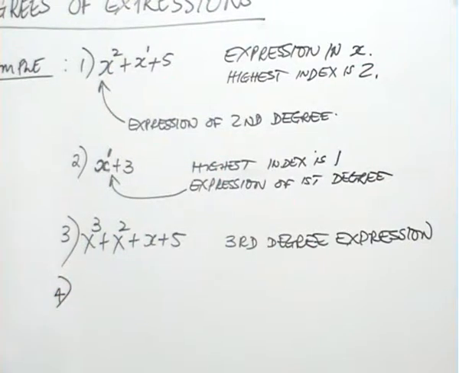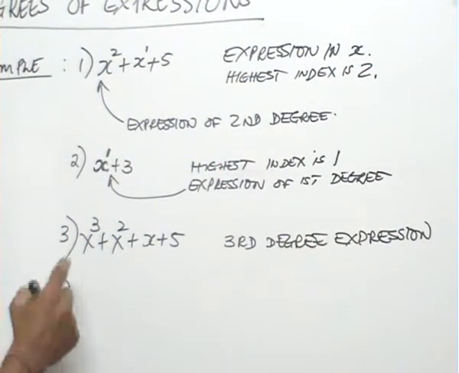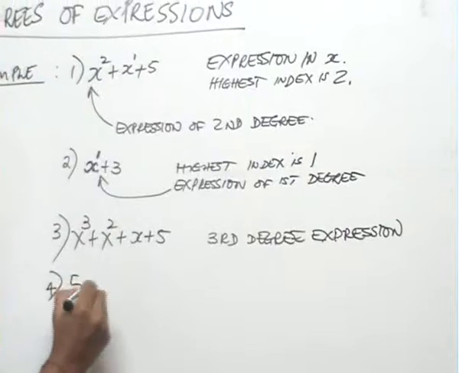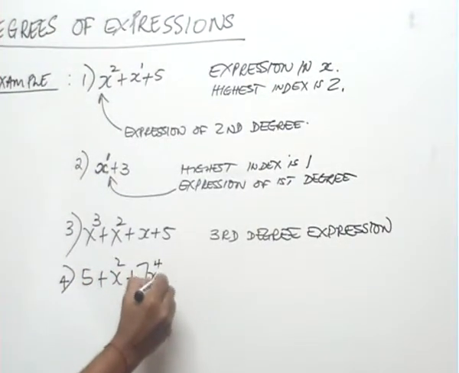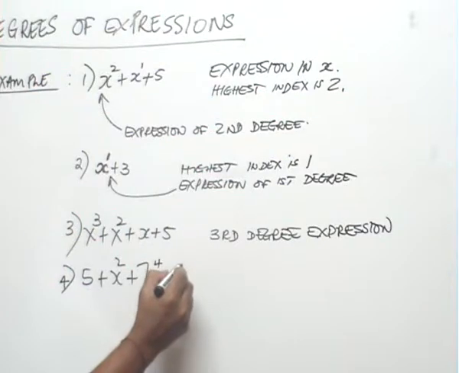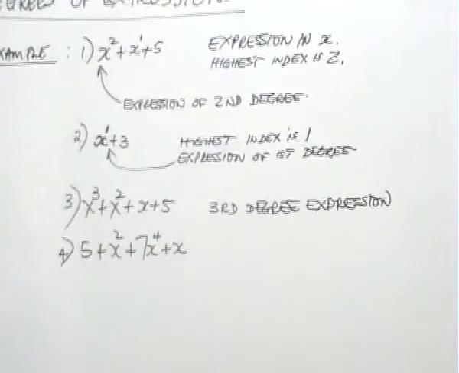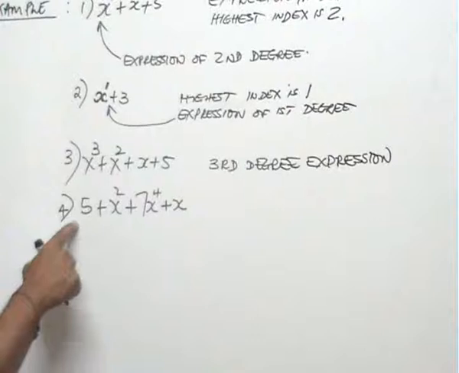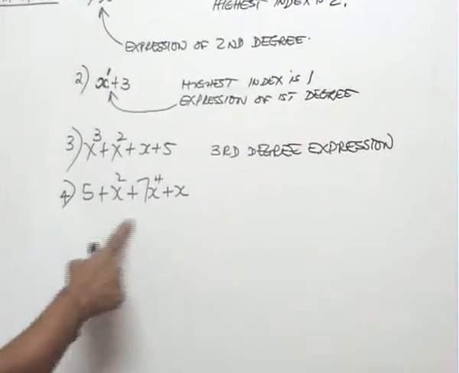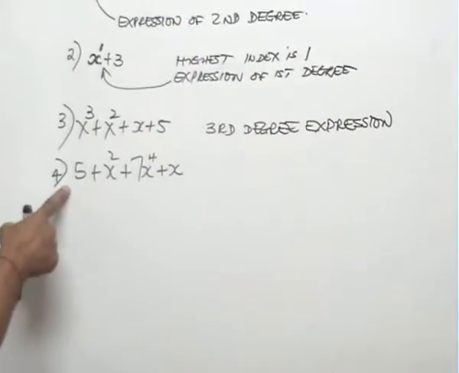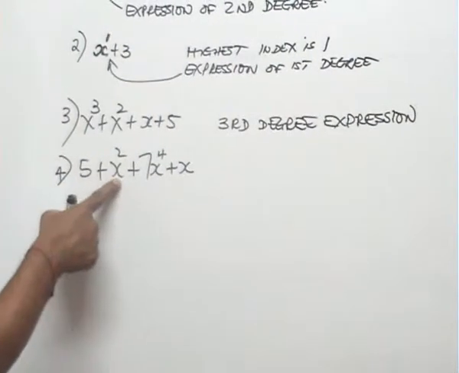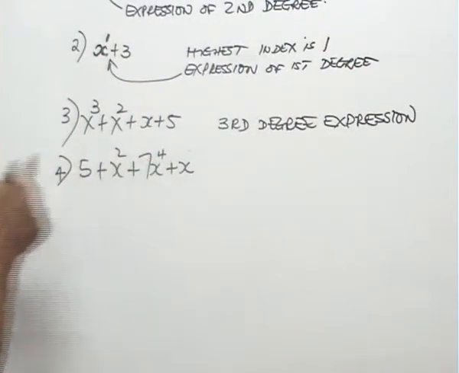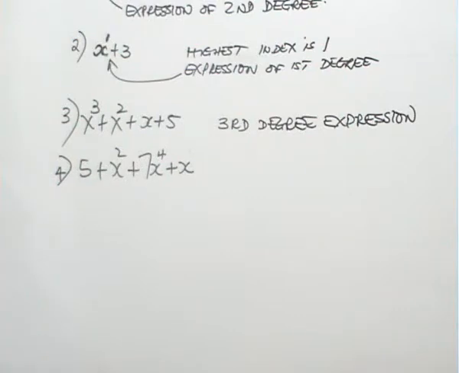Now you must be careful. Don't just look on the left hand side. Watch this example. If you look at this example, you will have to read it from left to right. It is an expression in x, and the highest index is 4.